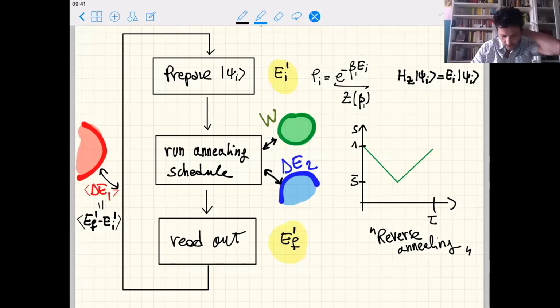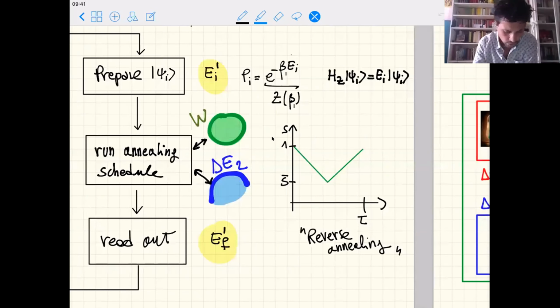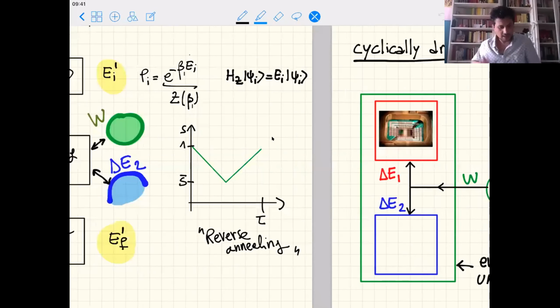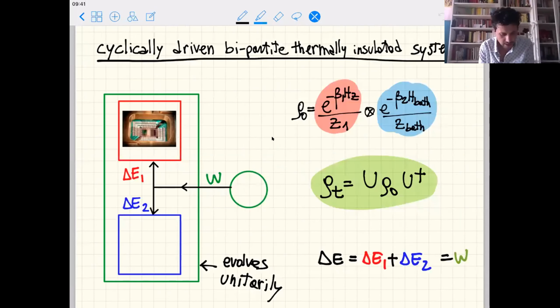So let's get now to the modeling of such a system, of such a situation. Basically, you can consider the chip and the substrate as a big thing that is thermally insulated, which therefore evolves unitarily.